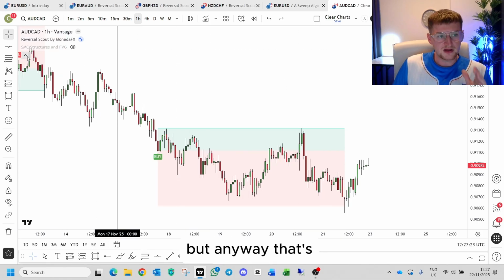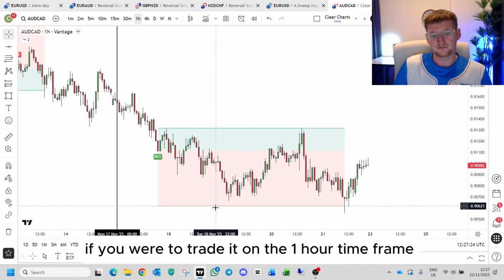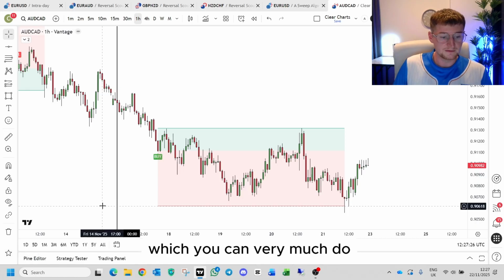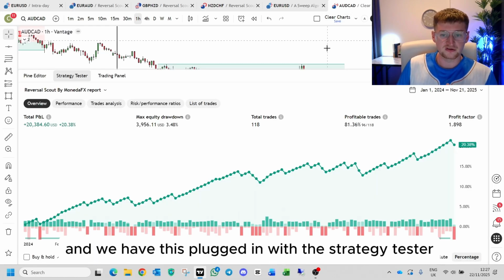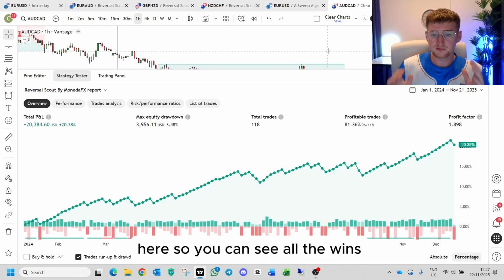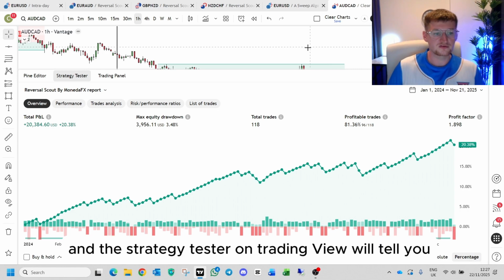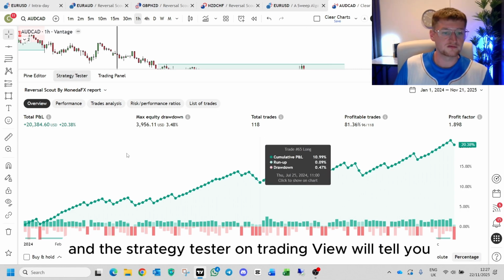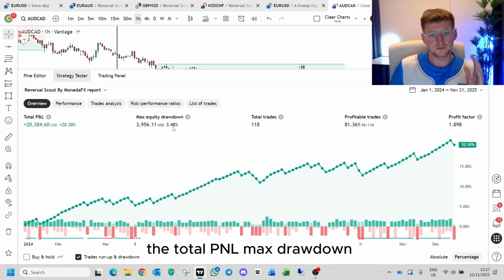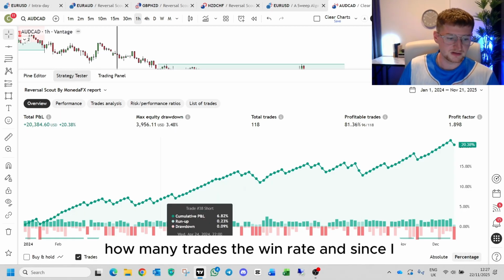But anyway, that's if you were to trade it on the 1 hour time frame, which you can very much do. We have this plugged in with the strategy tester here, so you can see all the wins, all the losses, all the break evens, and the strategy tester on TradingView will tell you the total P&L, max drawdown, how many trades, the win rate.